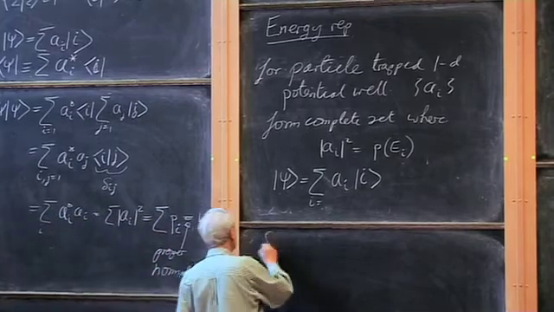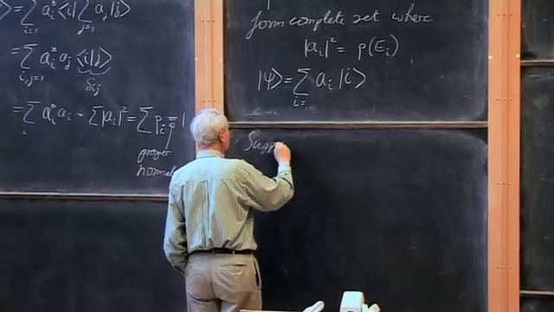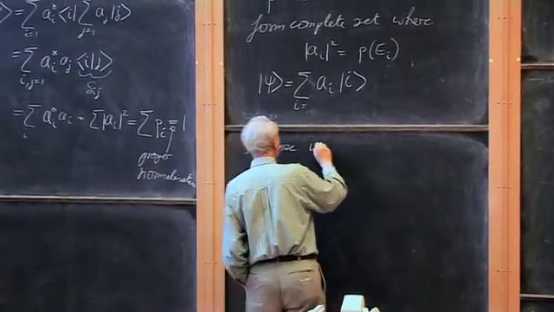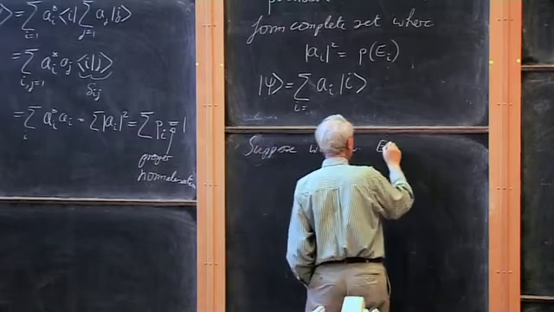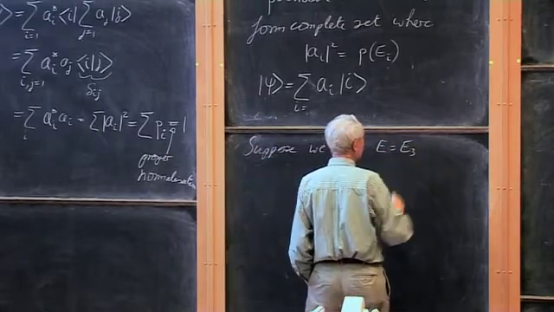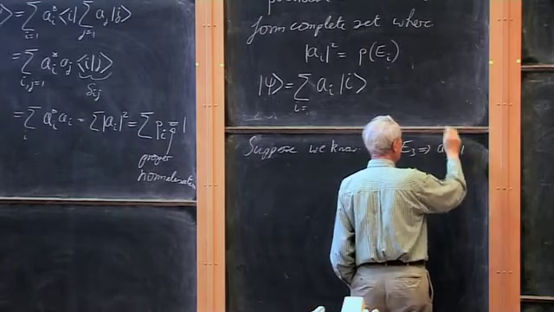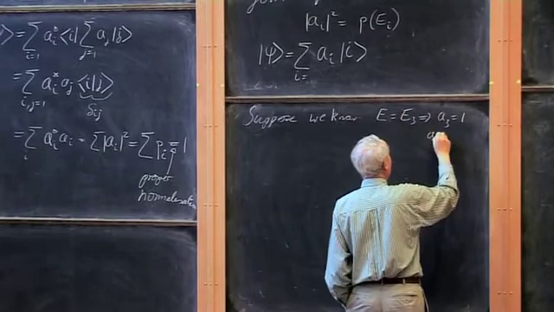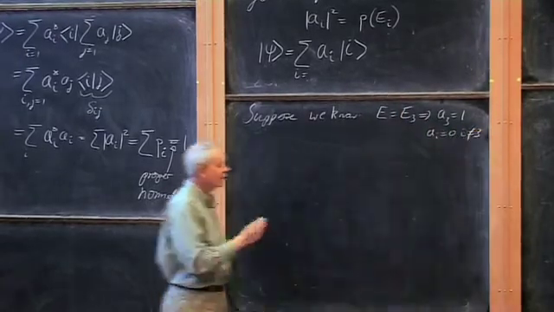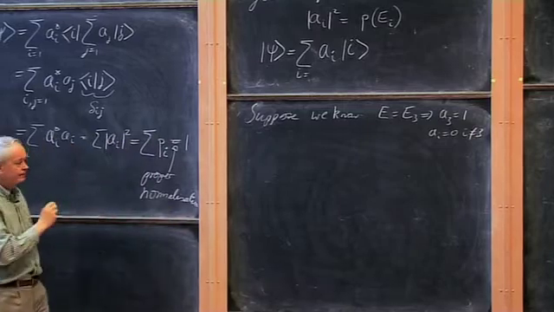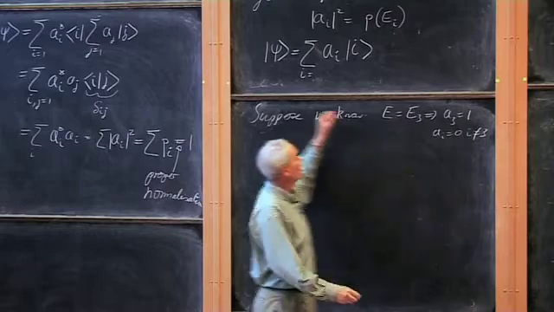Suppose we know the energy is actually E_3. So that implies that A_3 is 1 and A_i equals 0 for i not equal to 3. So supposing we happen to know that the energy is E_3, then the amplitudes must be like this.